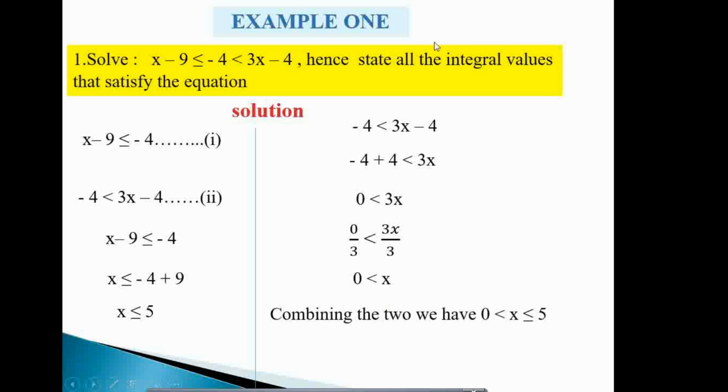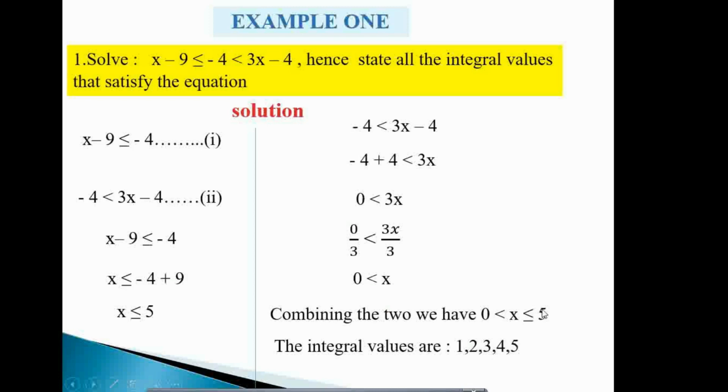And remember, in our equation we had to state all the integral values that satisfy the equation. So we are going to state all the integral values that range from 0 to 5. The integral values will be 1, 2, 3, 4, and 5. Why are we saying 5? Because we look at 5 here, we look at the sign, it's less than or equal to 5.